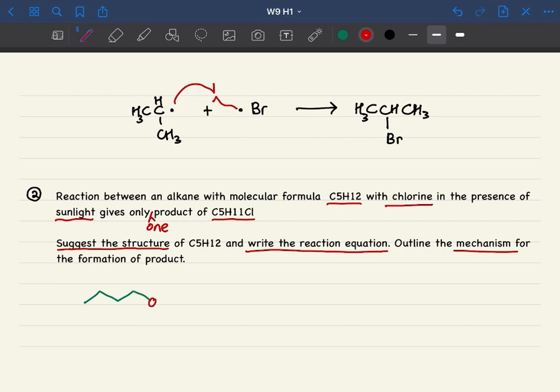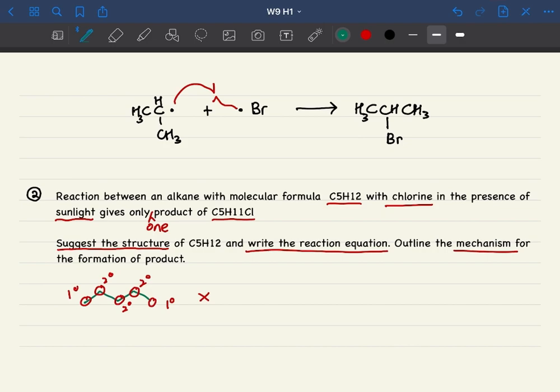Here we have a primary carbon. Here we have secondary carbon, secondary carbon, secondary carbon, and primary carbon. This means that if we have more than one class of carbon, we are going to have a mixture of products. So we cannot take this compound as our C5H12 that will give only one mono-substituted product. We're going to have a look at the chain isomers for this.